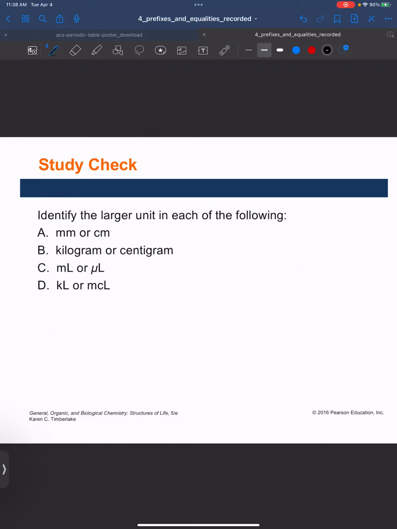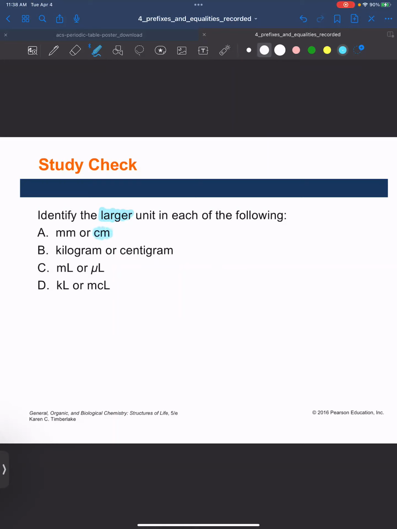All right, welcome back. Our goal for the study check was to identify the larger unit in each of the following. Looking at millimeters or centimeters, which one is larger? Good, awesome. Hopefully you said centimeters.